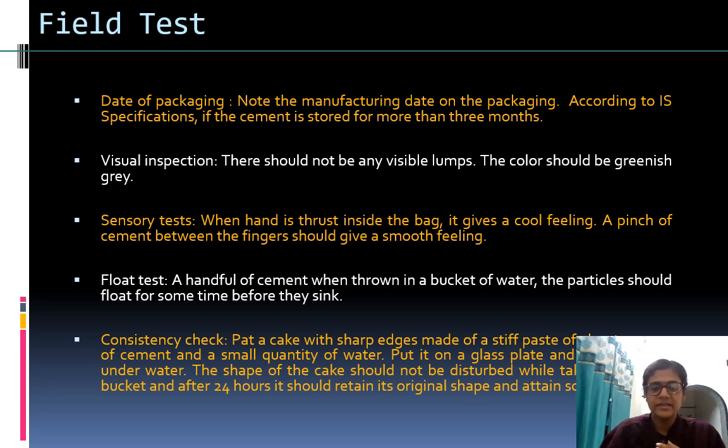Also after 24 hours, the original shape we had made should be intact, and some strength should have been gained. So this is called a consistency check. This is also one kind of field test we generally do. So these are the ones you can do on site.